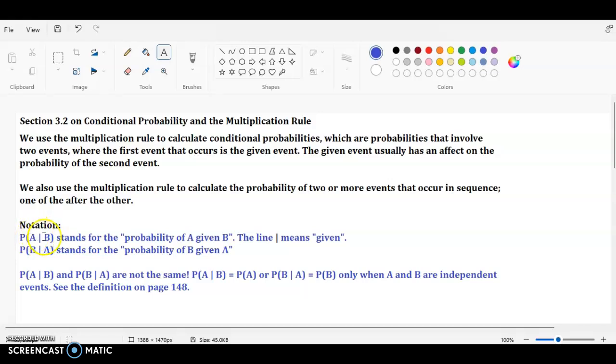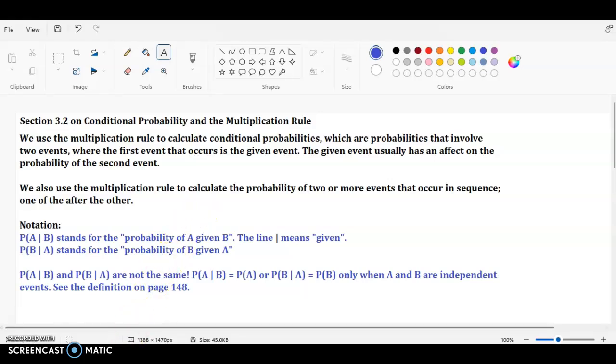The probability of A given B: the given event here is B, which means that B occurred before A and has an effect on event A. Likewise, the probability of B given A: the given event here is event A, which occurs first, followed by event B. The probability of A given B is equal to the probability of A, or the probability of B given A is equal to the probability of B, only when the two events are independent. You can see the definition of independence of two events on page 148.